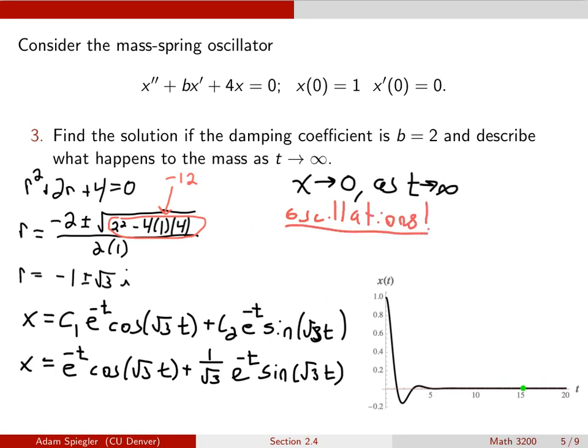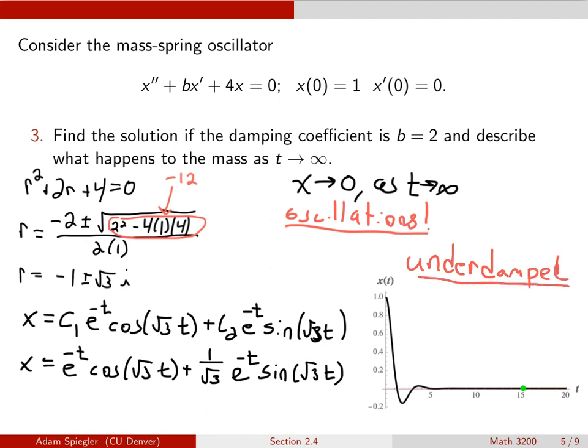It's just that the amplitude of those oscillations is going to 0. So each time it bounces back and forth, it's not going as far to the left or to the right as it did in the previous oscillation. And so since we do have some oscillations in this system, we would say that this one is actually underdamped.